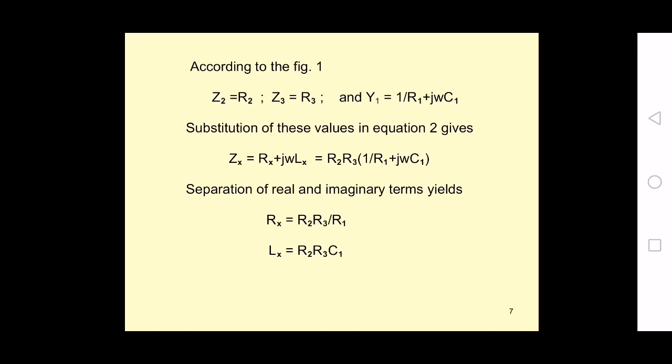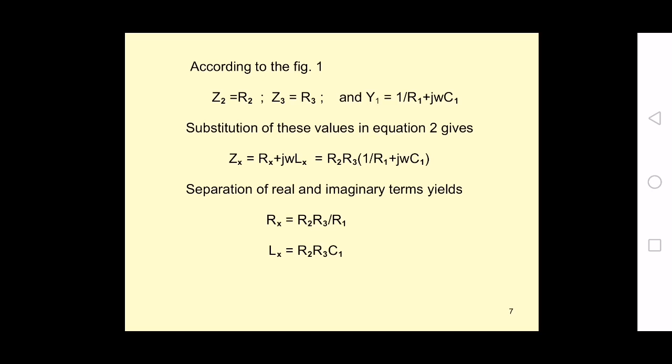You can get the value of Rx equal to R2 R3 by R1, as in the Wheatstone bridge. Similarly, equating j omega Lx to R2 R3 into j omega C1, j omega gets cancelled, and Lx equals R2 R3 C1.